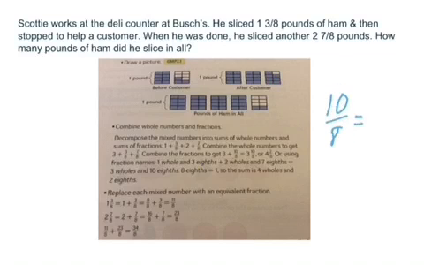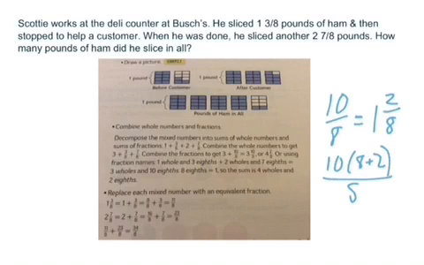Well, I know there's going to be 1 8 that will go into 10. What would be left over if I do 10 minus 8? I'm going to have 2 of those eighths left over because I know this. 10 is the same as 8 plus 2, right? You know that as well. So that's how that problem is working out.